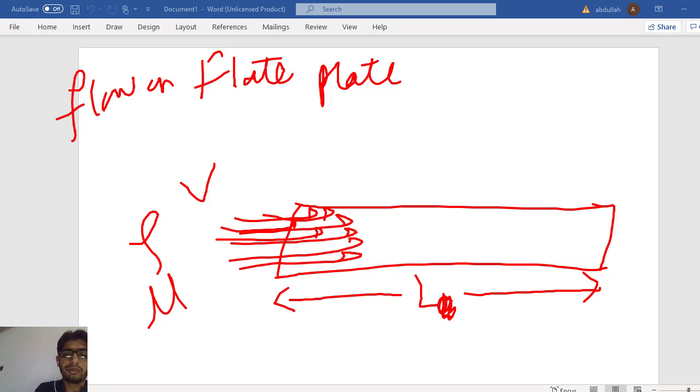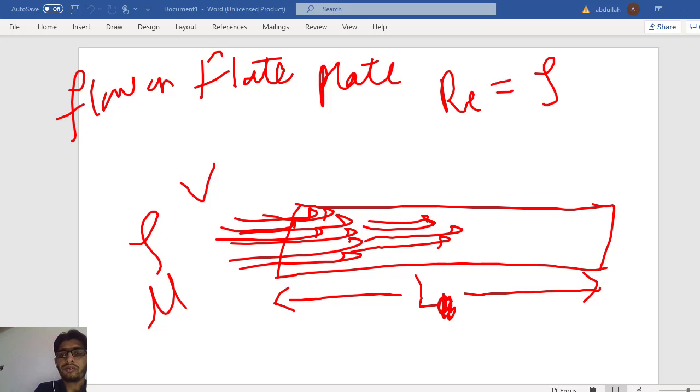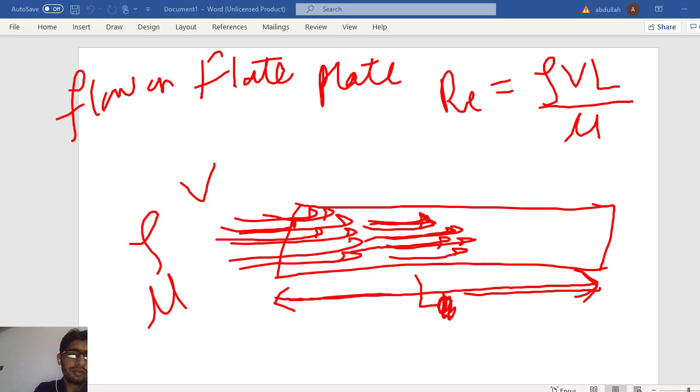So for the external flow, suppose the fluid is flowing on the plate. For this case, the Reynolds number will be denoted by Re, which is rho times the velocity of the fluid on the plate times the length of the plate, divided by the viscosity of the fluid.